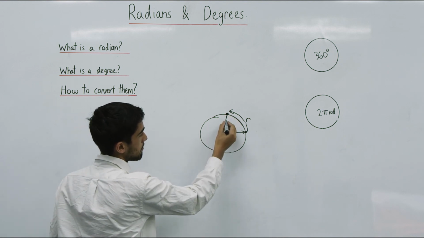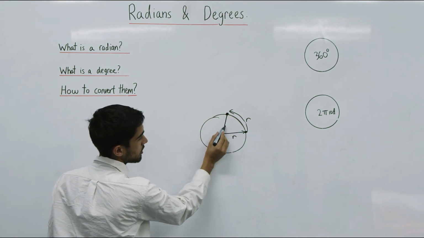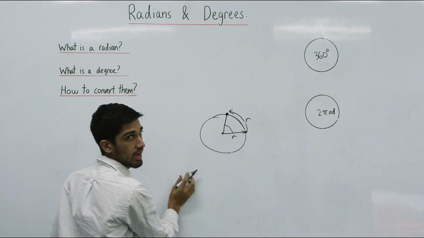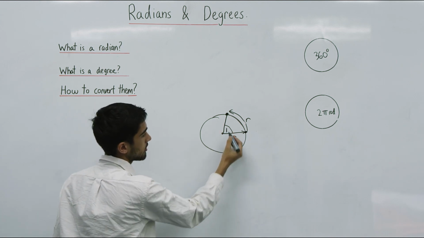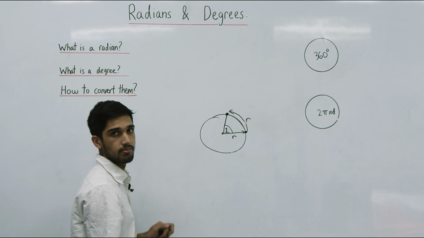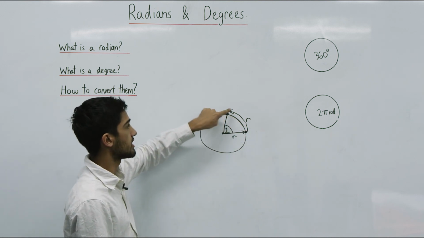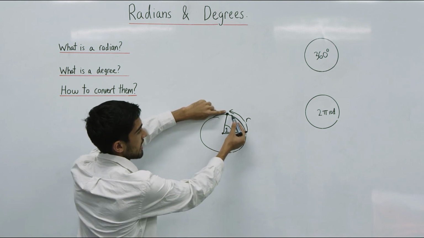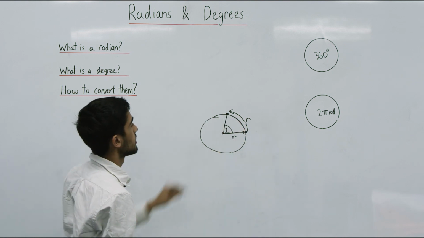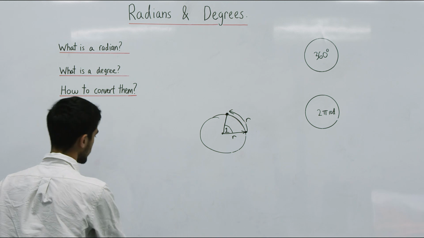If we draw a line back to the center, the angle we get between these two lines is 1 radian. So the radian is a measure of how many times a radius we have walked around the outside of a circle.